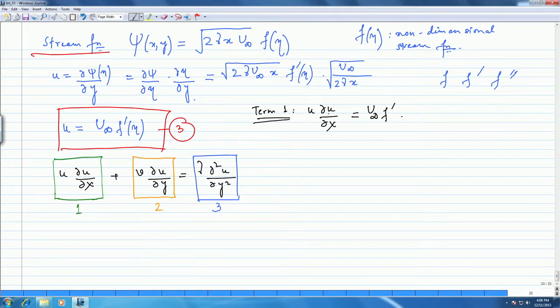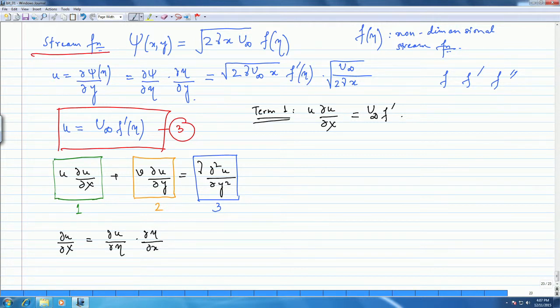Because u is a function of eta, I can write del u del eta and del eta del x.